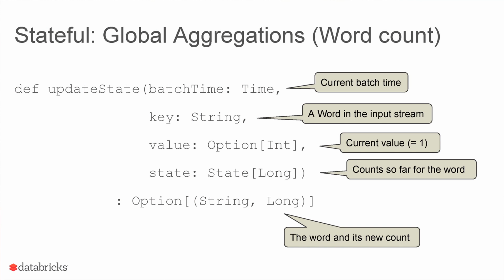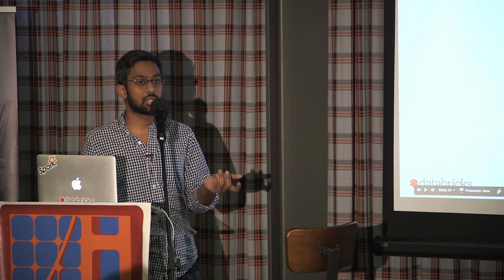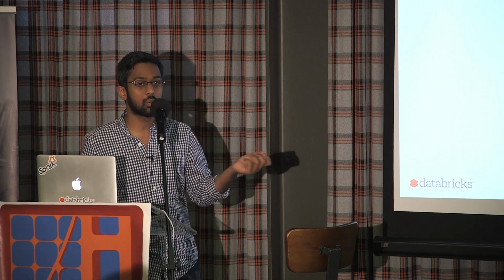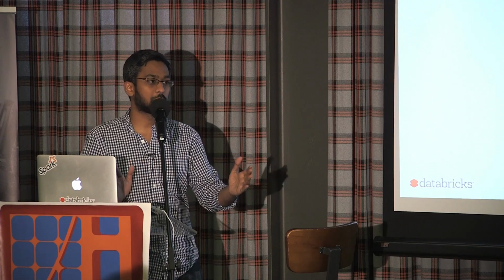For every event that is coming in, the streaming job will call this function with these parameters: the batch time for that particular event, the key for the event, which in the case of a word count is just a word, the value, which would be 1 in this case, and the previous state, so the word count so far for that particular key.